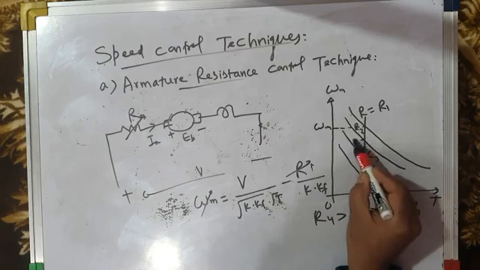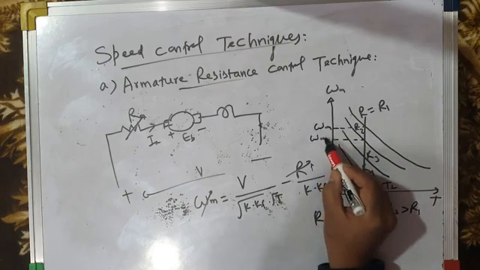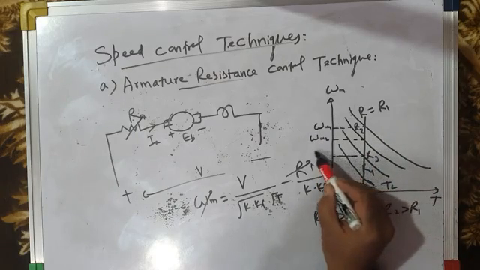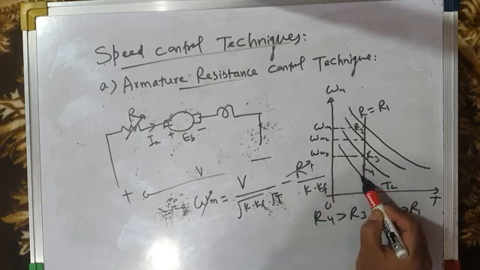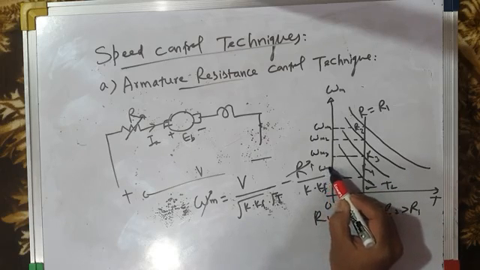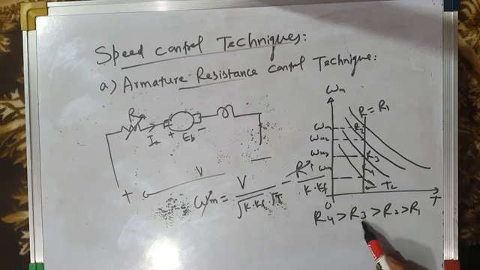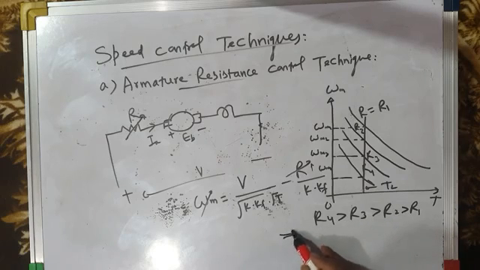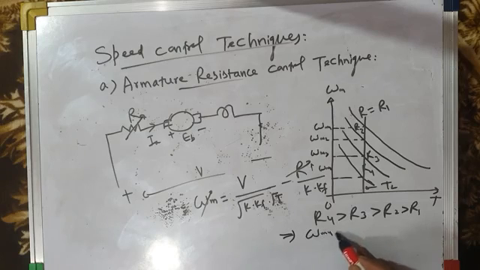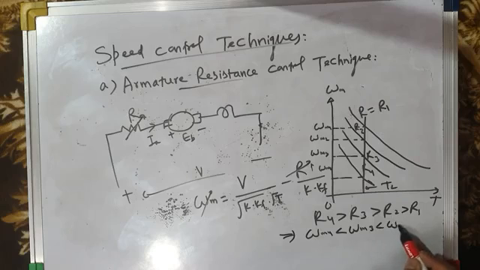For R equal to R2, it is omega m2. For R equal to R3, it is omega m3. For R equal to R4, it is omega m4. So omega m4 is less than omega m3, less than omega m2, less than omega m1.